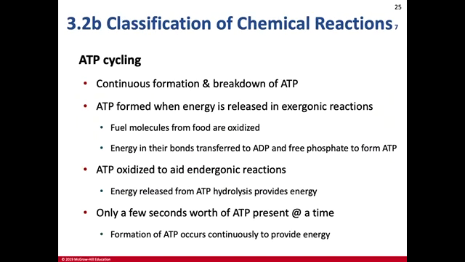In living systems, we have continuous cycling of ATP, where ATP is used to do work. The phosphate group is stripped off of ATP to make ADP, and then we have to take those products and we have to put them back together to make ATP again. How do we do that?